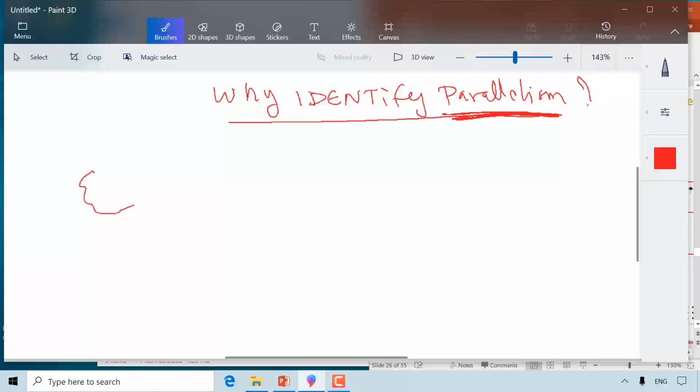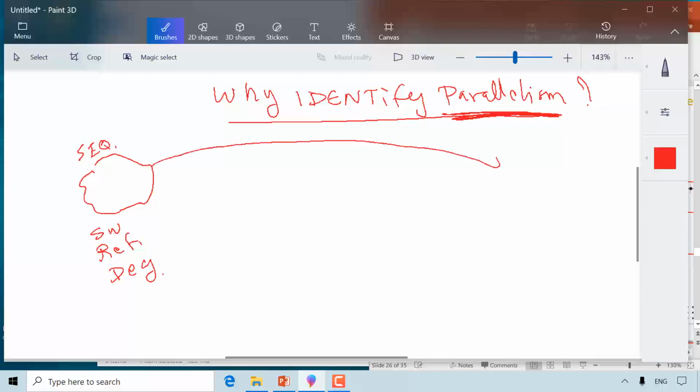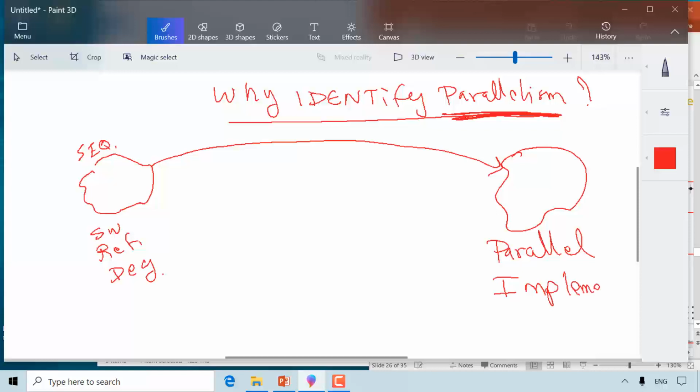Unfortunately, in our systems, we typically start with the software reference design, and the software reference design is inherently sequential. What we want to do is go to a parallel implementation. But this jump is very hard and difficult in complex designs.